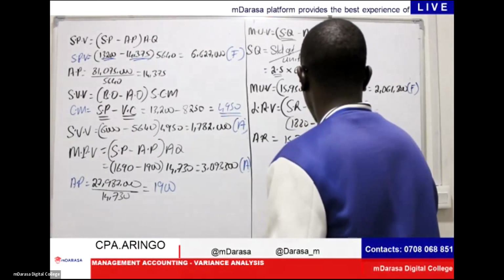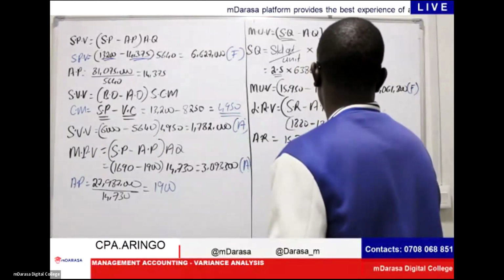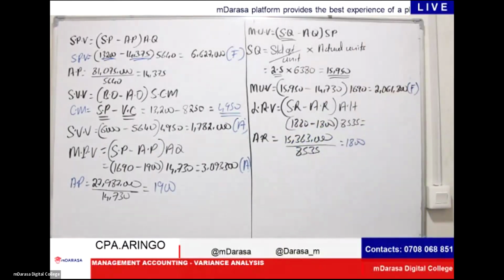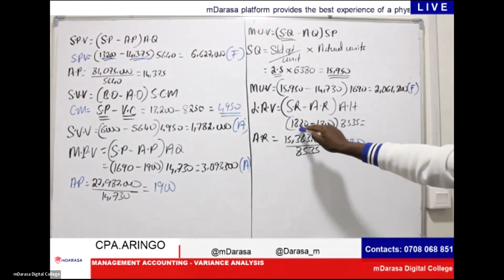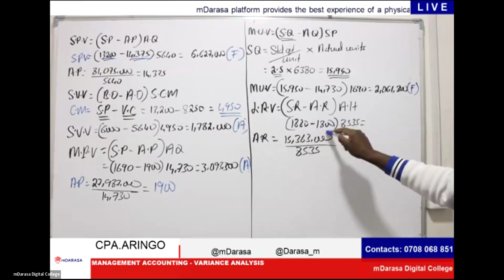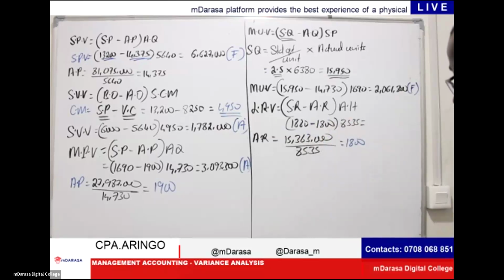And the actual hours, 85.35. What is happening here is that you had planned to pay 1,880, but you ended up paying 1,800. We can see that this variance is in favor of us because this is an expense, these are costs.